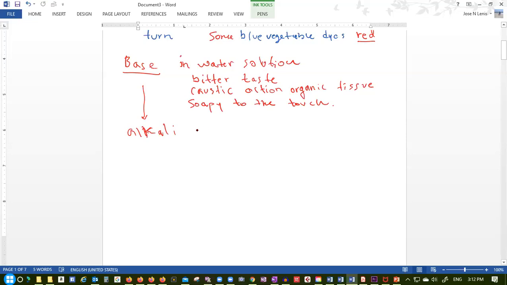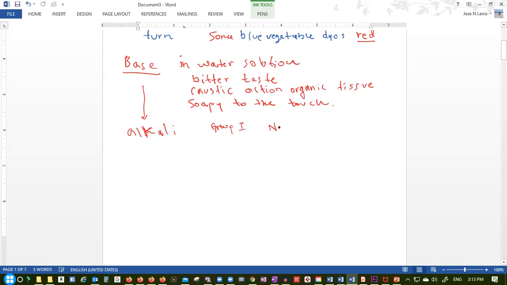Alkalis refers to some bases that are made of hydroxides of metals, especially group 1 of the periodic table.